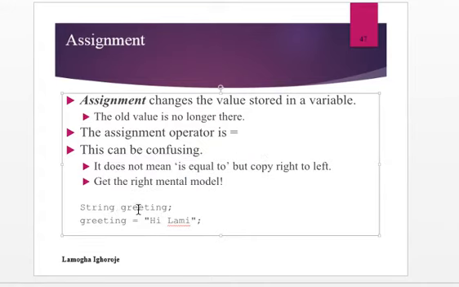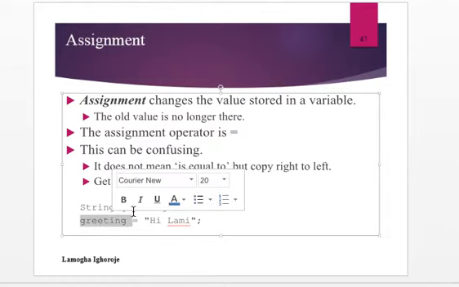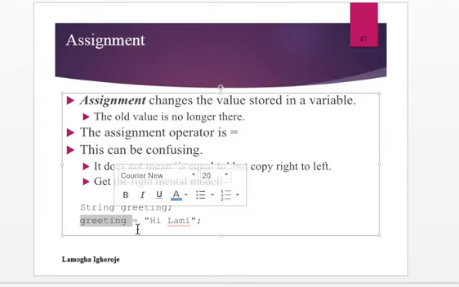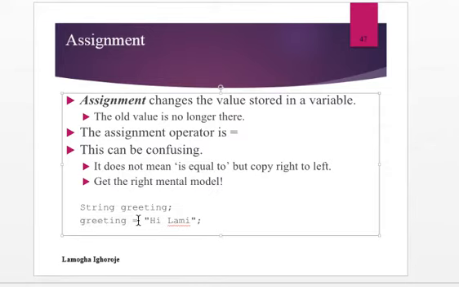I created this box called greeting, and I said it's going to contain strings. This is just an identifier, remember, greeting. Now I want to give that greeting box some string, so I'm going to put the equal to sign.